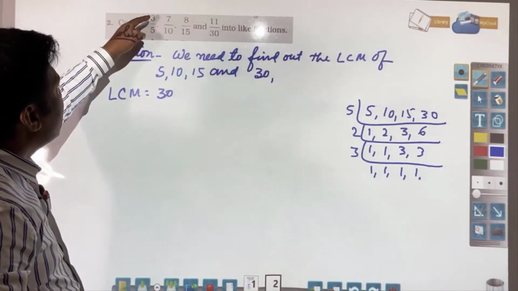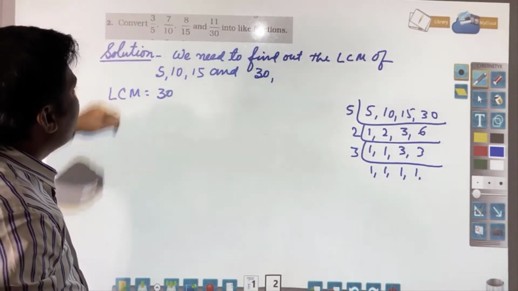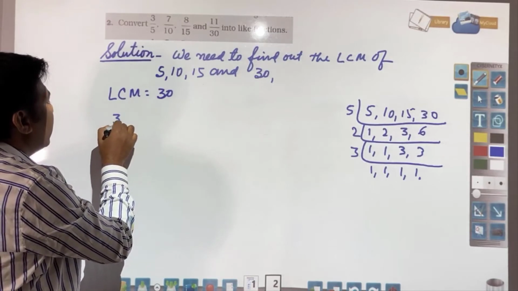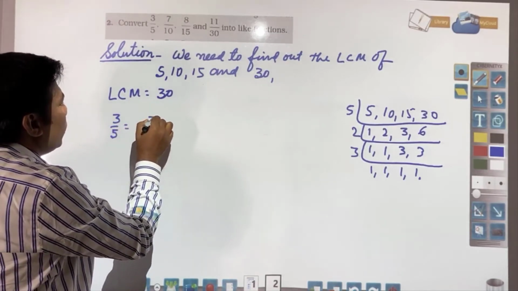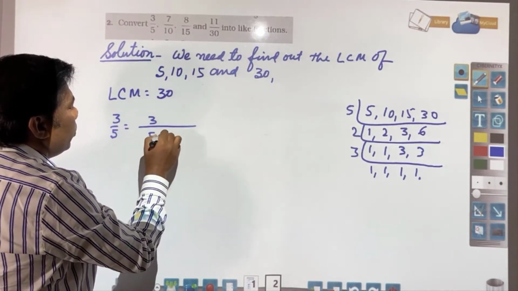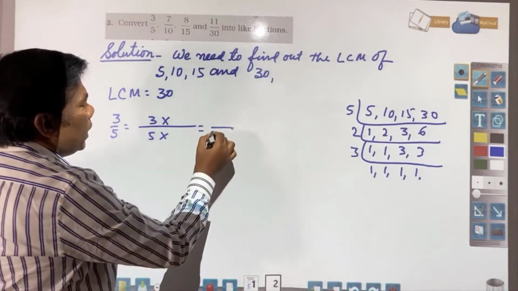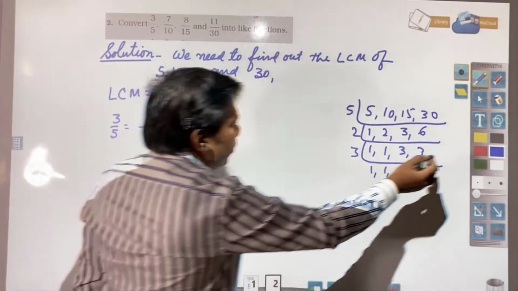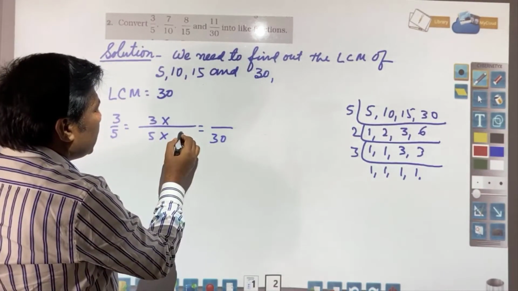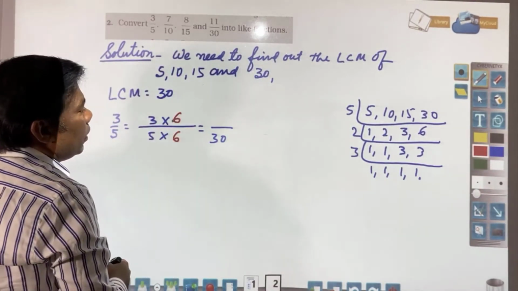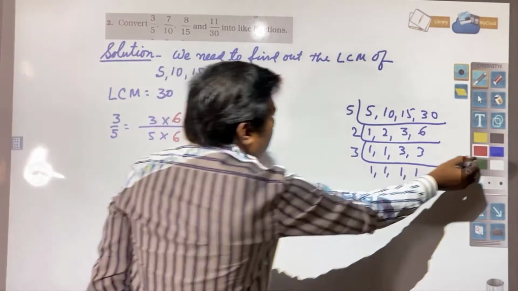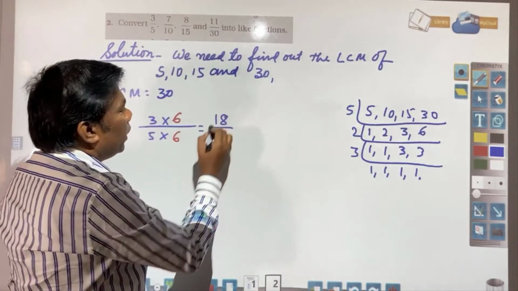Now each fraction is required to be converted. So 3 by 5 will be equal to 3 by 5 into what number is required to be multiplied so that we will get 30? Here you see what number will be required. 5 6s are 30, 6 is required. So you will get 3 6s are 18, 18 by 30.